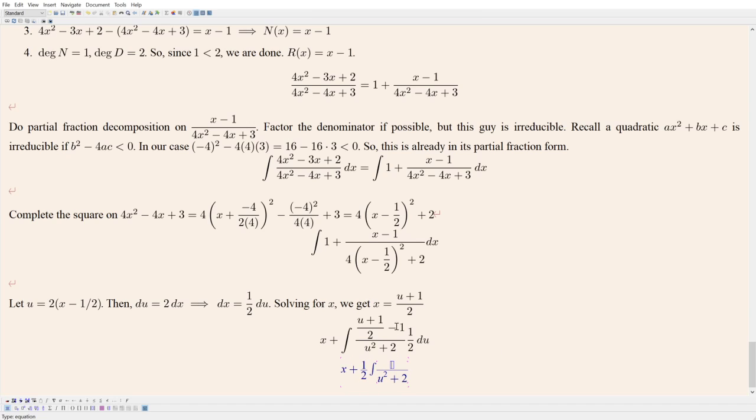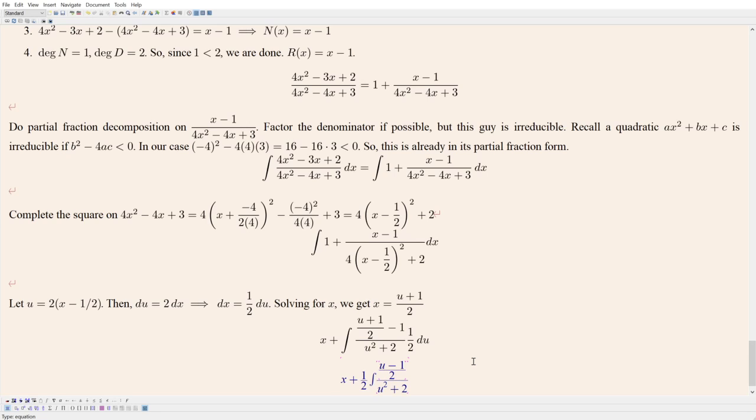And then as for this part here, we can simplify this. I can replace this 1 with a 2 over 2, so that we get u plus 1 minus 2. Well, u plus 1 minus 2 is minus 1.